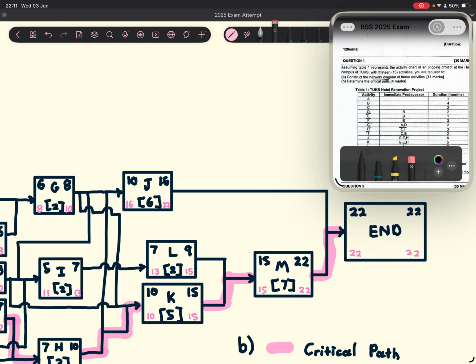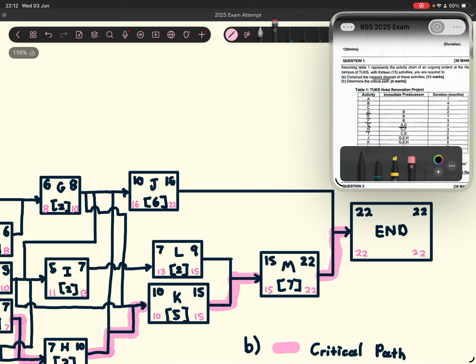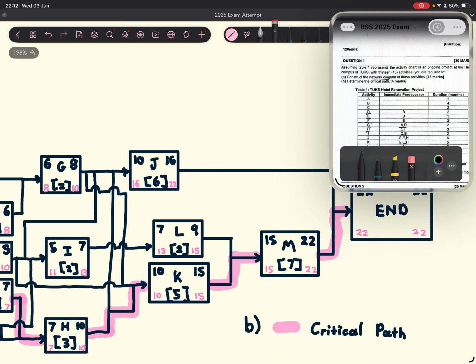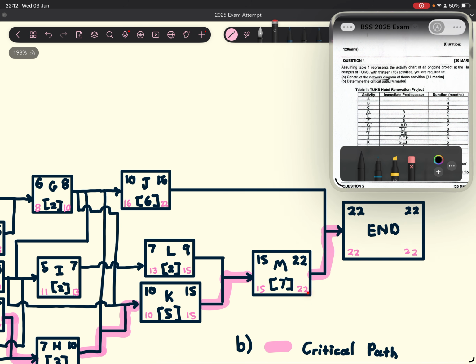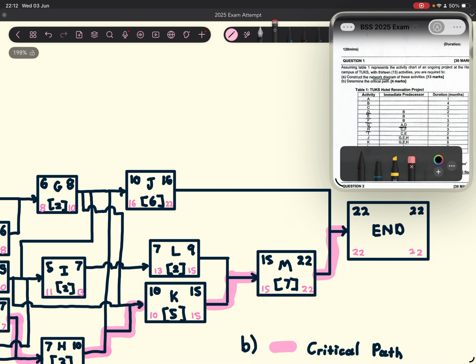So 22 minus 0, there's no duration, gives 22. And then this 22 over here, we're going to put it here and here. So it's not going to change, right? The latest finish for this activity is going to be the latest start for this activity, and that goes in both cases, right? So this number goes there and there.